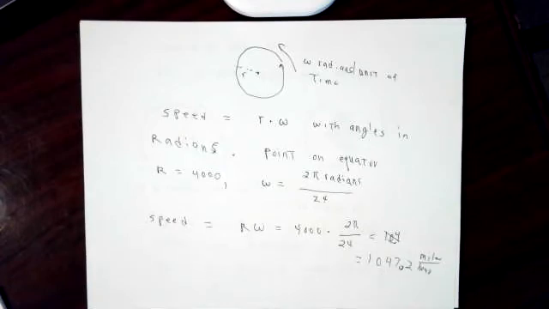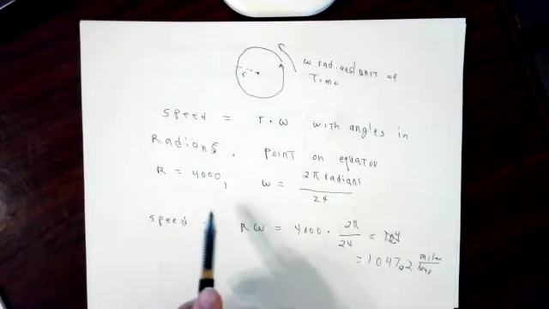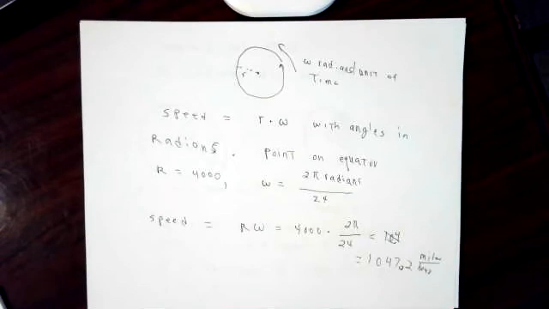The reason that this formula is simple looking is, we've chosen our units of measurement to make the connection between the angle and the distance very simple. As an example, the Earth's radius is 4,000 miles. Earth takes 24 hours to go completely around once.